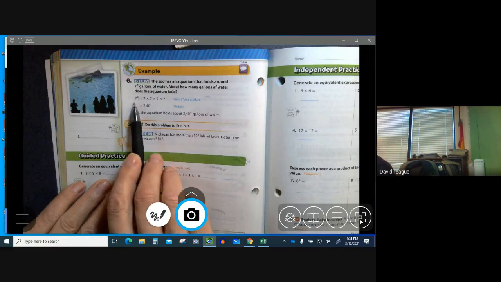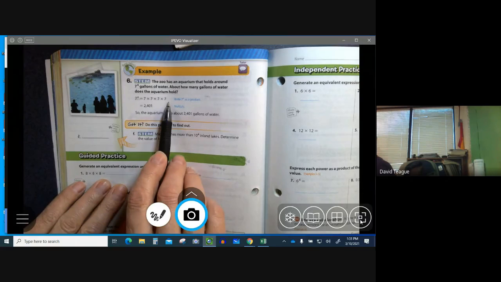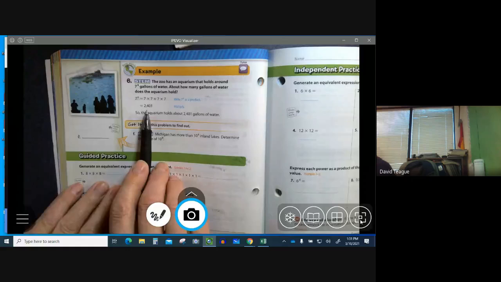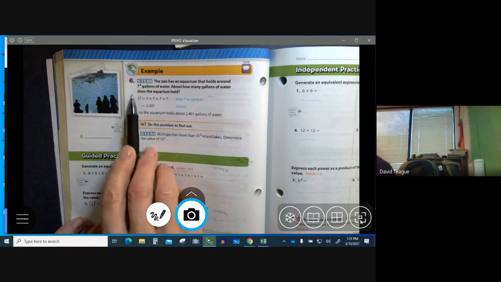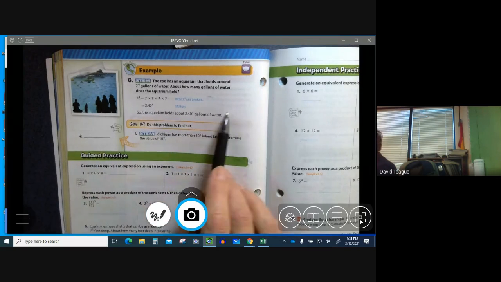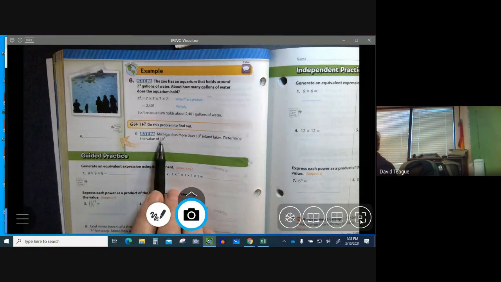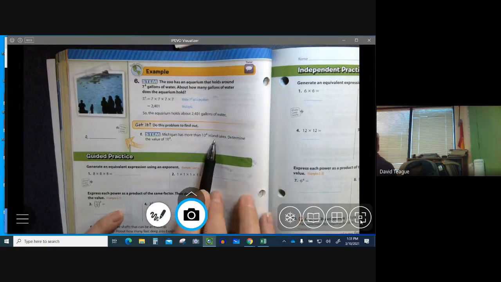So our base number is 7, our exponent is 4. When we multiply all those numbers together, we get 2,401. So you can see it's much more efficient to write 7 to the 4th power than to write all this out.